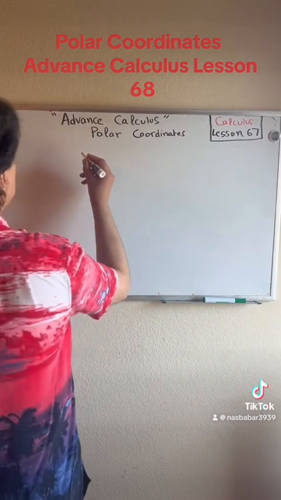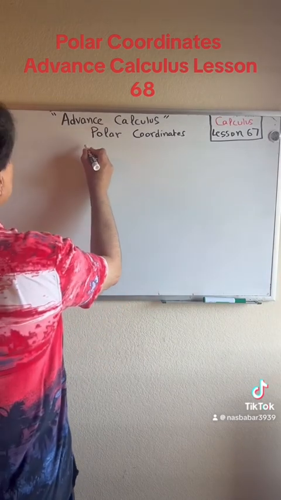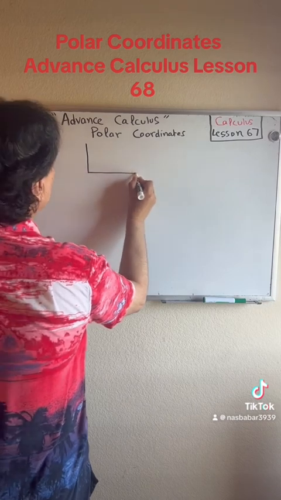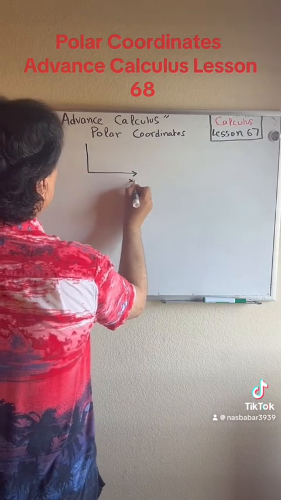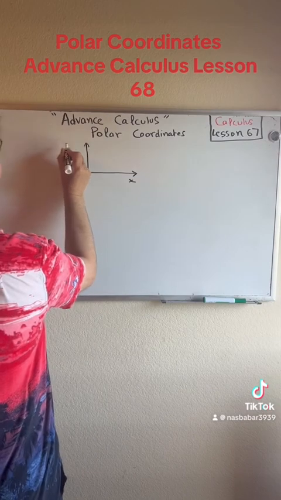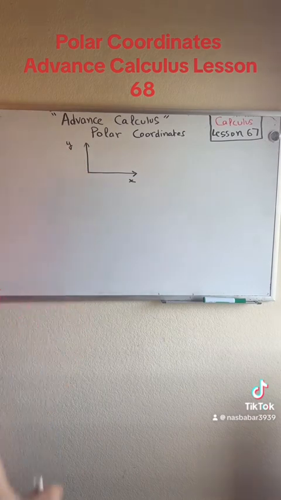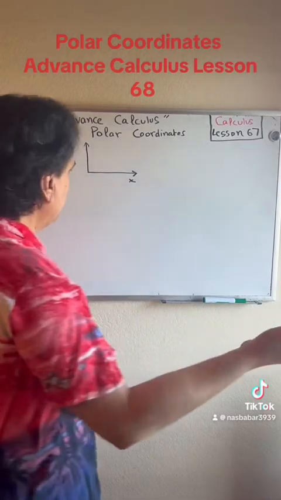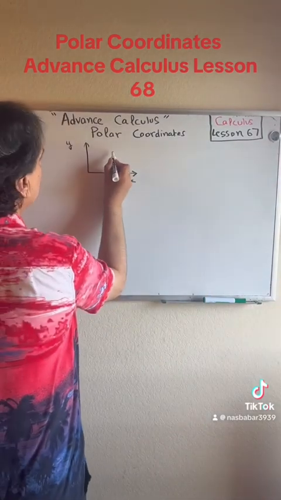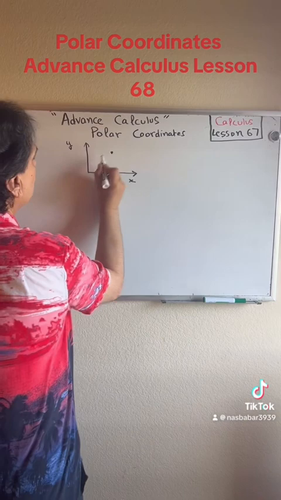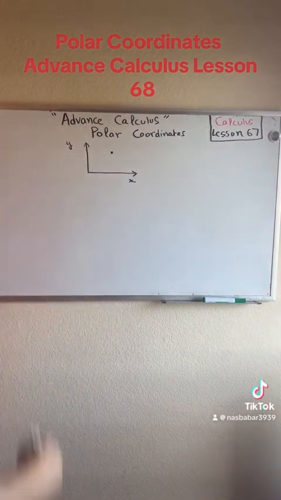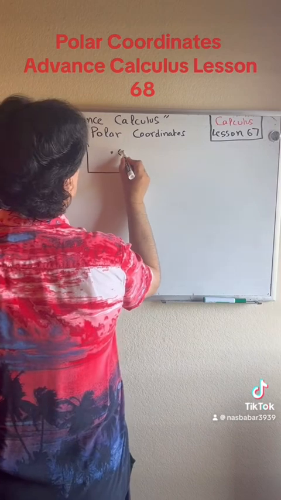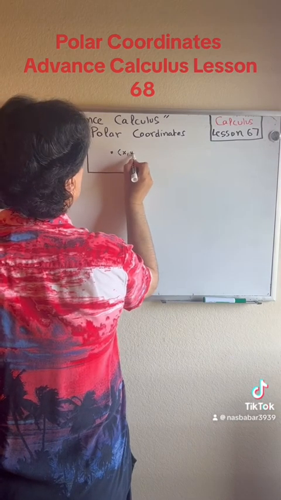Quick revision. What is the Cartesian way to represent coordinates? You have the x-axis and then you have the y-axis. From a long time ago, you've been asked to find the coordinates at a point, and we say the coordinates are x and y.